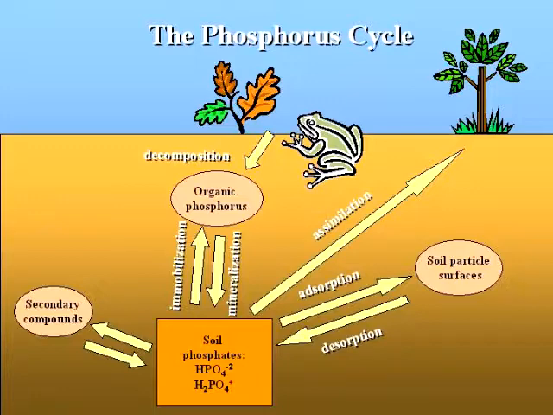So the process of phosphates becoming attached to soil particles is referred to as adsorption. But they can also be lost and become free phosphates through the process of desorption.